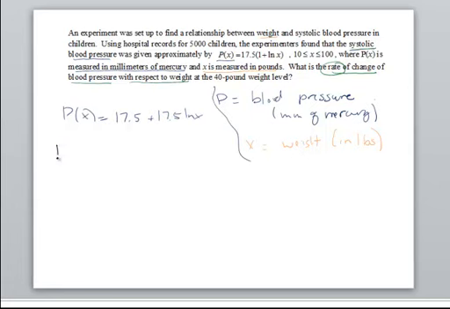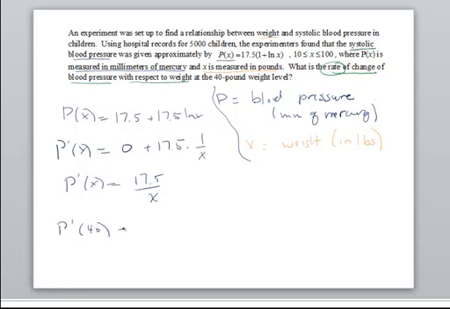Okay. Now I'll take that derivative. The derivative of 17.5, that's a constant, so it's just 0. And over on my second term, I get 17.5 times the derivative of the natural log of x, which is 1 over x. So I'm going to clean this up. P prime of x is equal to 17.5 over x. And now evaluating my derivative when x equals 40, that'll give me the 40-pound weight level.